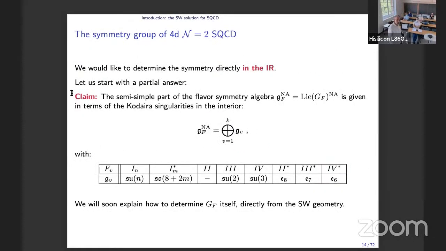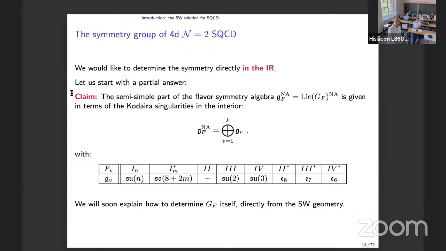So we would like to reproduce this, as an exercise, the global form of the flavor group directly in the IR. I will give you the answer in a bit. But let me give a partial answer, to read off the flavor symmetry from the infrared in this kind of Seiberg-Witten geometry, rank 1 Seiberg-Witten geometry.